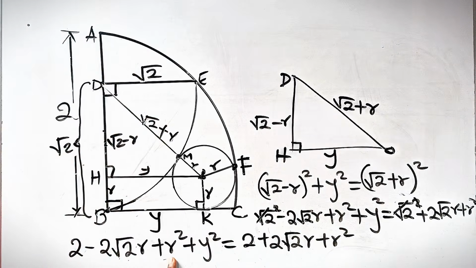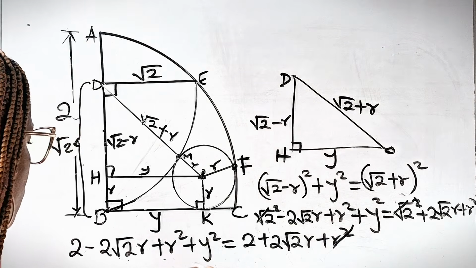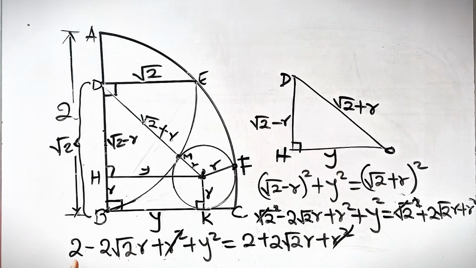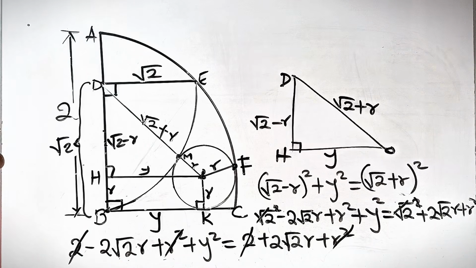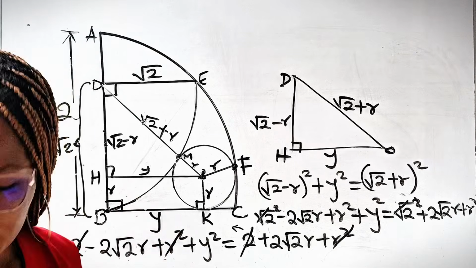So we have R squared here, let's go ahead and remove them. And we have 2 here and 2 here. Both of them will go, right? Because if I transfer them to this side, this becomes 2 minus 2, so it will go. And R squared will become minus R squared. It will still go.